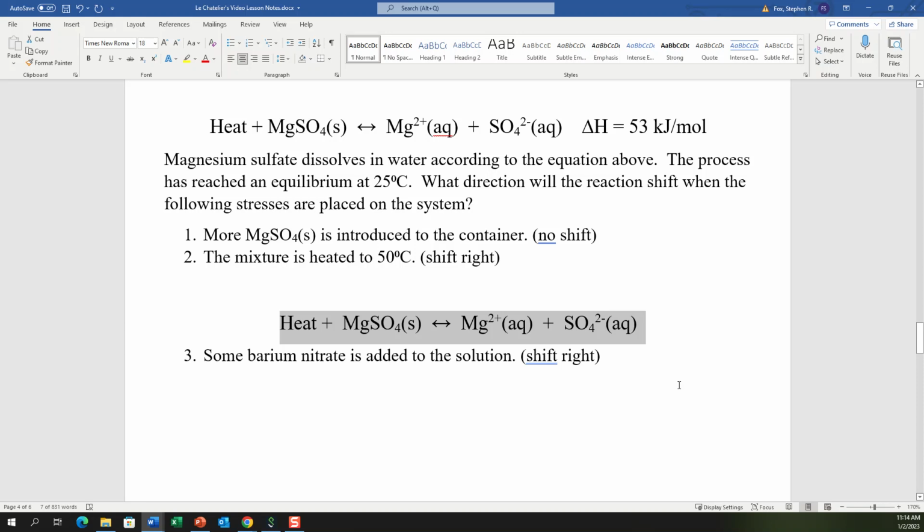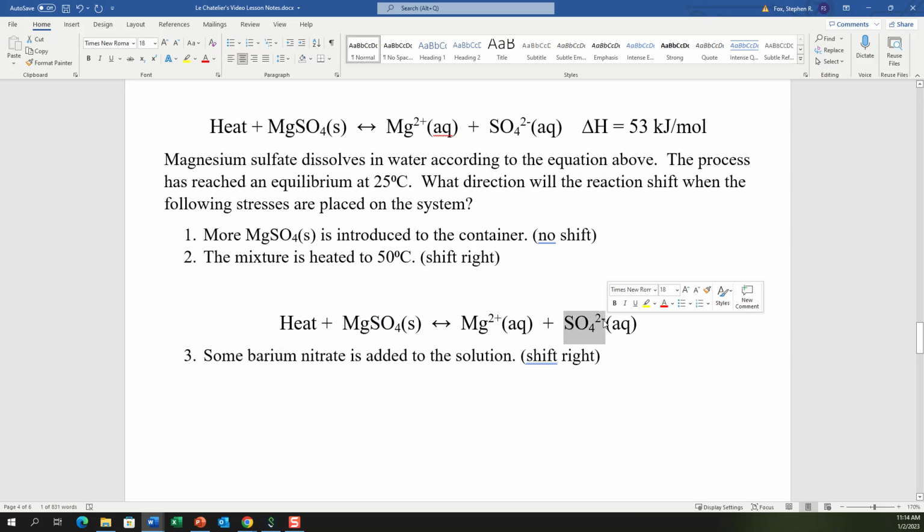They're not going to just say, hey, you removed sulfate. If I said, hey, you removed sulfate, or the amount of sulfate decreased, then you would know, oh, okay, it's going to shift to replace the sulfate. But the question is, how do you remove sulfate? You can't just sit there and handpick sulfate ions out of your solution, right? How do you do it? Well, barium nitrate's very soluble. How do you know? Well, because it's a nitrate. Okay. Well, what about barium ions coming in contact with sulfate ions?